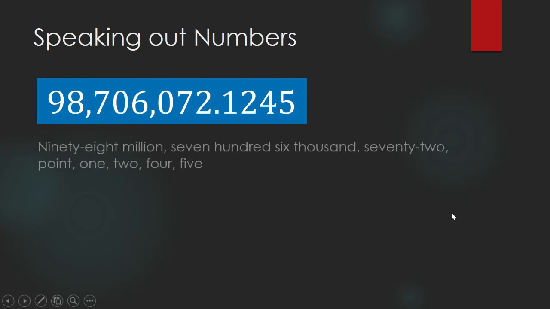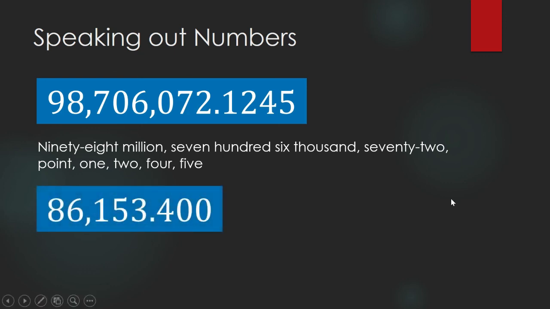Now, how do you write it out in words? Pay attention to that. It's 98 million, so pay attention to the hyphen: ninety-eight million, seven hundred six thousand, seventy-two, point one two four five.